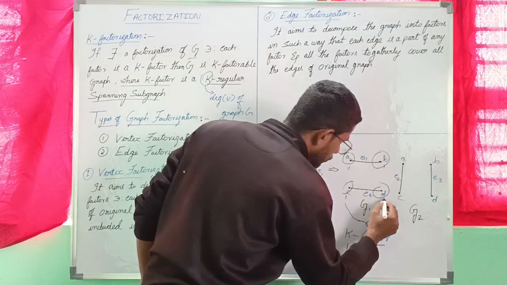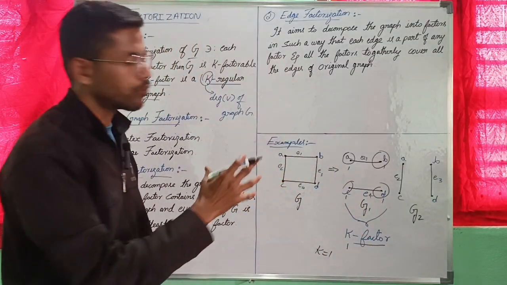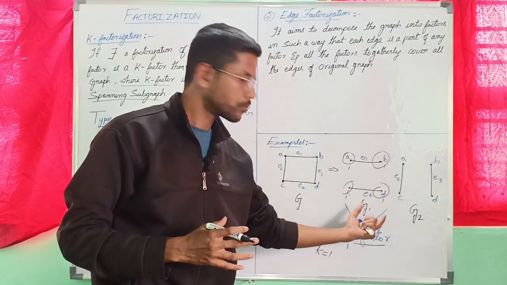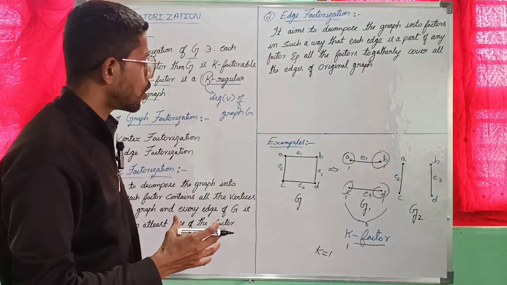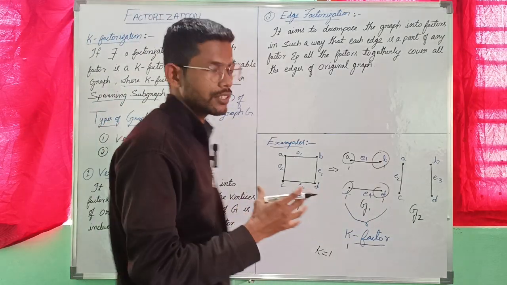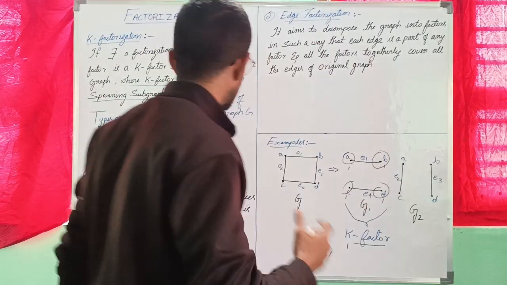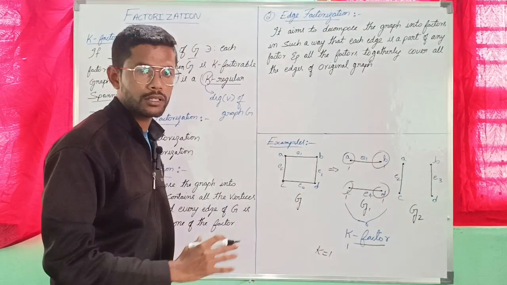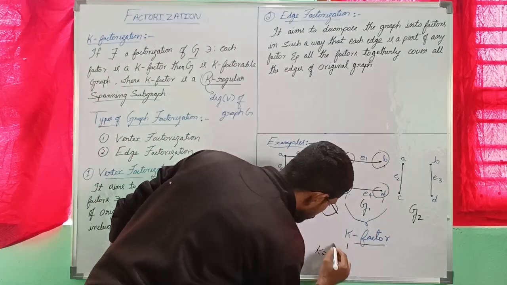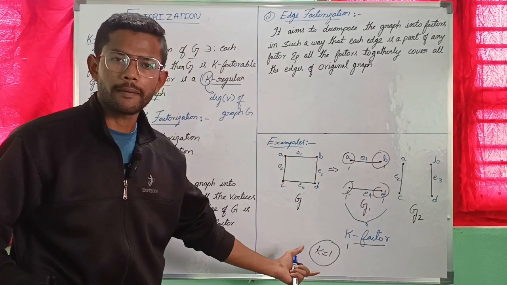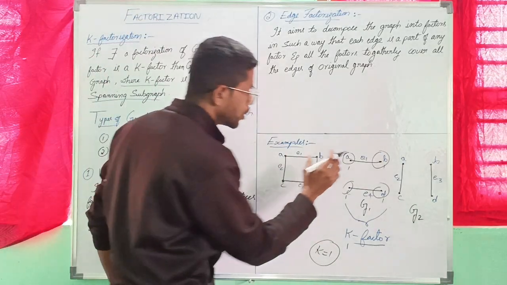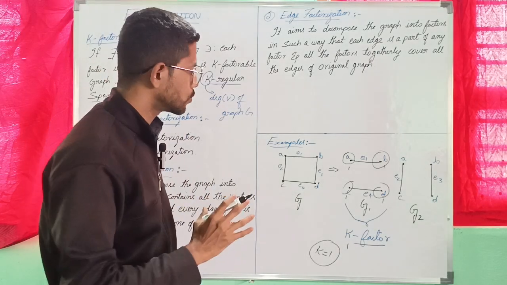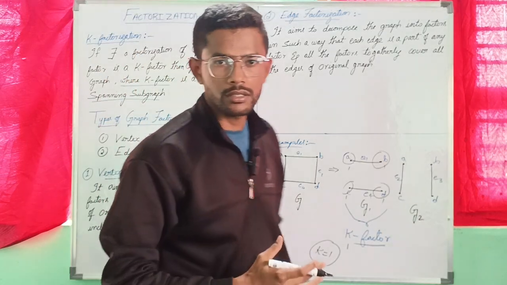So the degree of the vertices is the same in the k-factor. This is what k-factorization is. Here k represents, for this example, 1. The k is 1 because the degree of each vertex is 1.